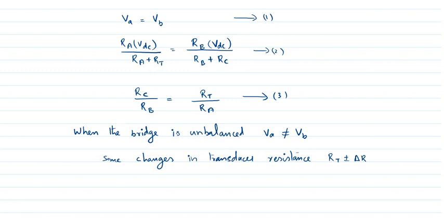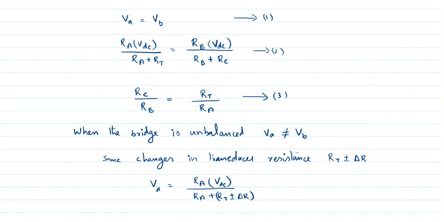From this we can write VA equal to RA VDC divided by RA plus RT plus or minus delta R. This is the main equation of VA for some changes in the transducer resistance.